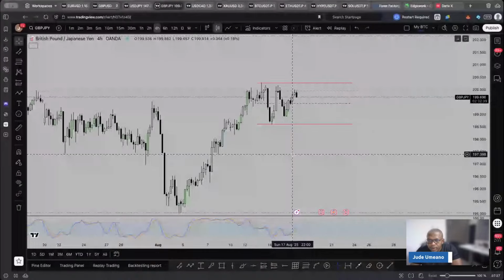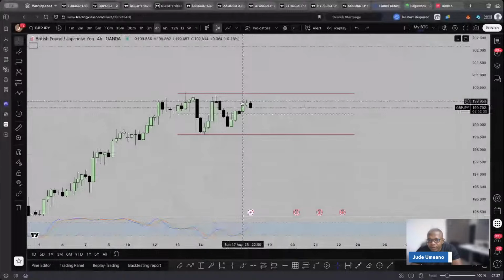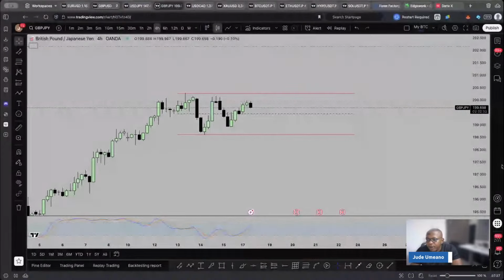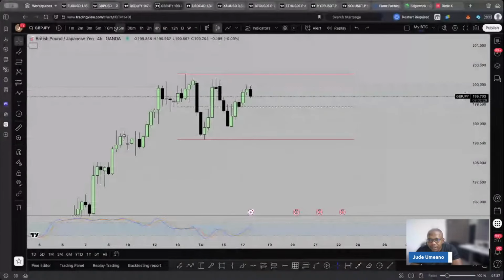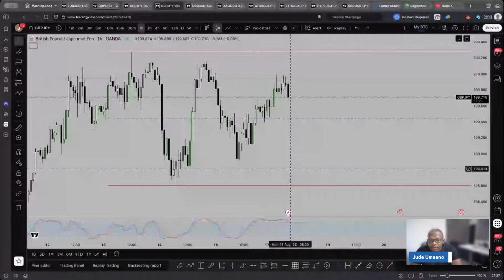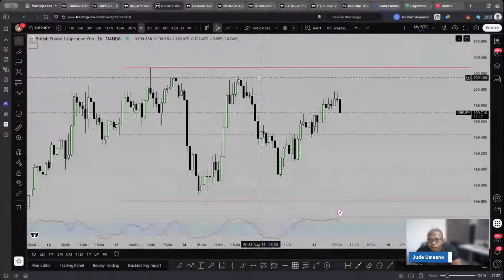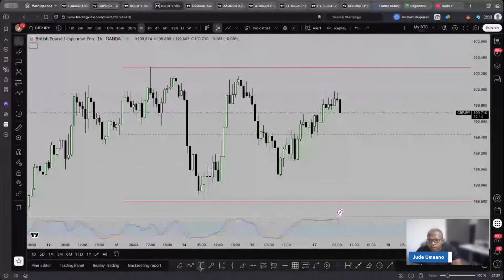It doesn't mean that we can't find trades inside here, because this is a 4 hour candle. We can still find trades inside here. That is why we go to the 1 hour, to see if we can find trades inside here. So what can I find here?